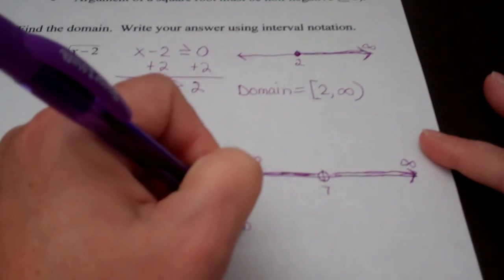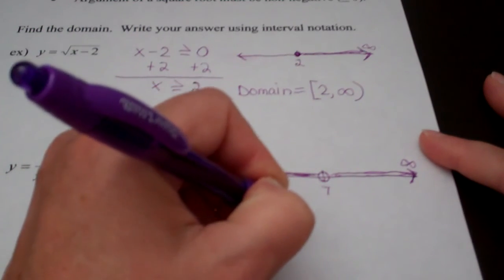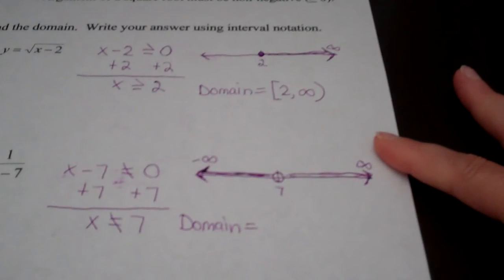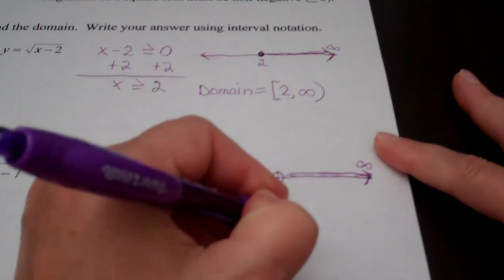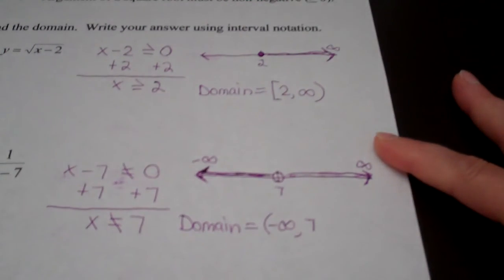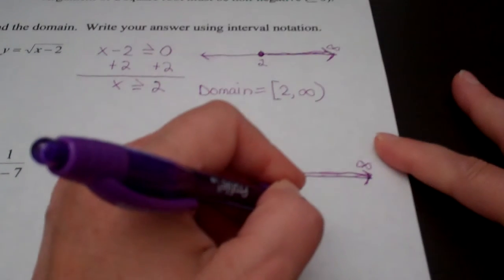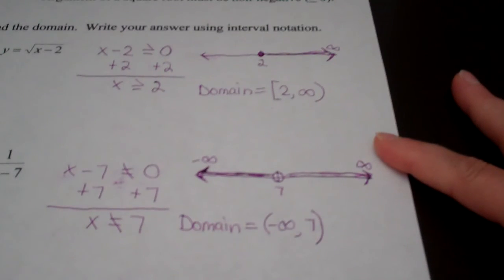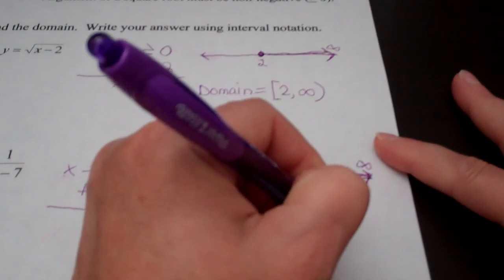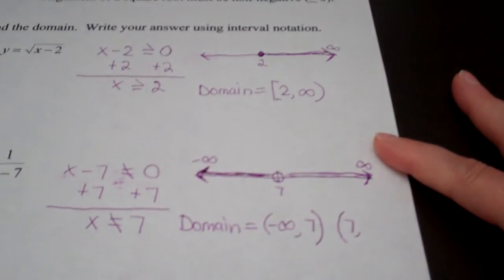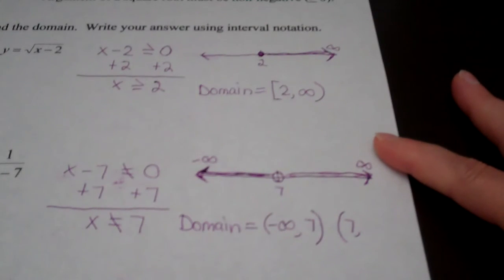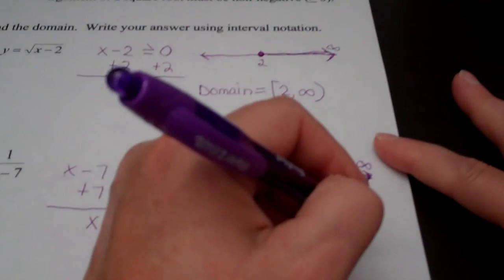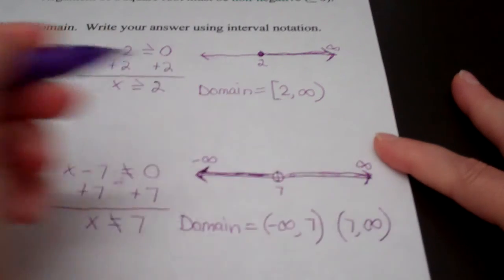So I'm going to go from left to right, from negative infinity up to 7. But I don't want to include 7, because that's the whole point of this. So I'm going to use the round parentheses. That means technically I'm going up to 6.99999. And then on the other side, round parentheses again, so that I start just after 7, 7.00001, and I go all the way up to infinity after that.